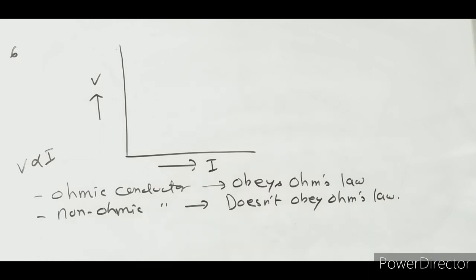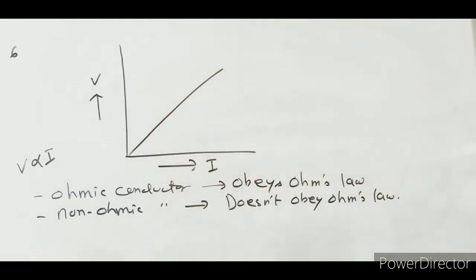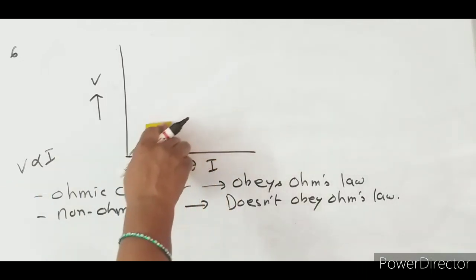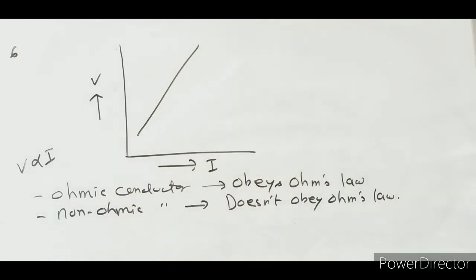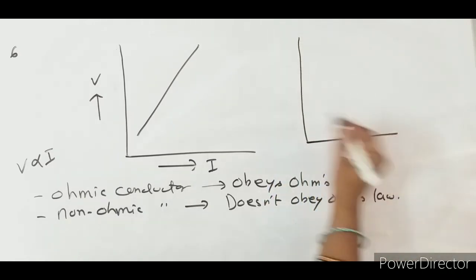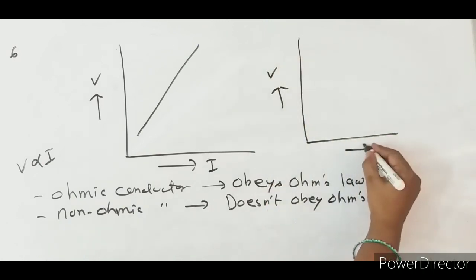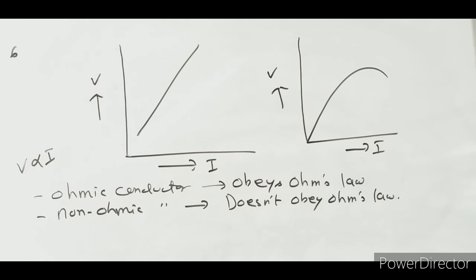Clear? So here let us take the VI graph. For an ohmic conductor, the graph is always a straight line. It is not necessary that it starts from the origin; it can also start from elsewhere, but whatever it may be, it should be a straight line. But in case of a non-ohmic conductor, taking the same V and I graph, it is not a straight line.